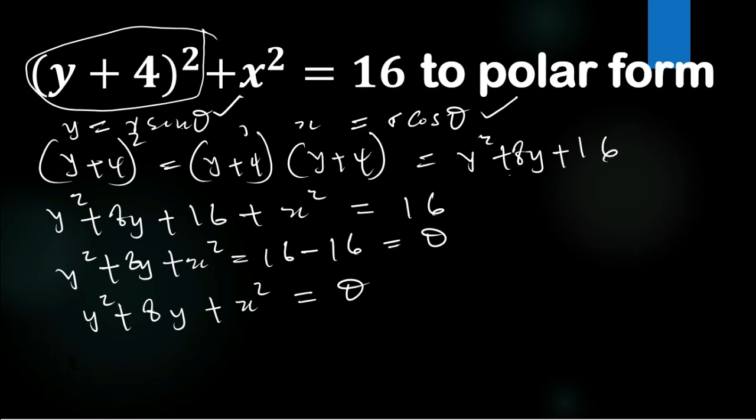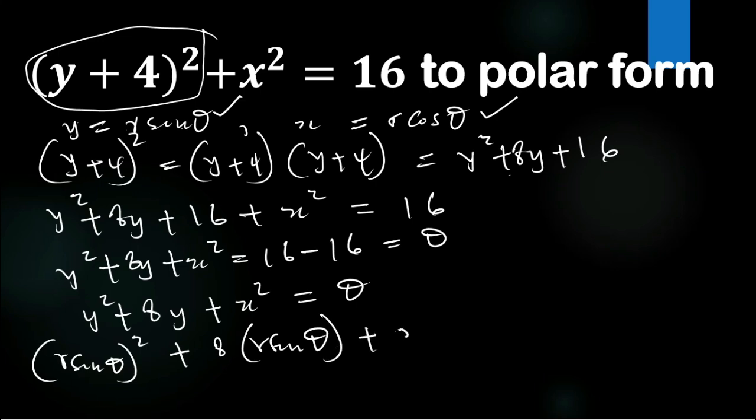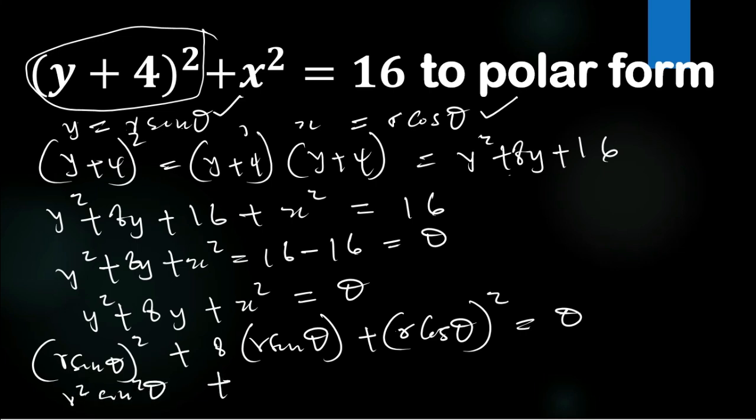So I'll have r sine theta all squared plus 8 into r sine theta plus r cos theta all squared is equal to 0. This is r squared sine squared theta plus 8r sine theta plus r squared cos squared theta is equal to 0.